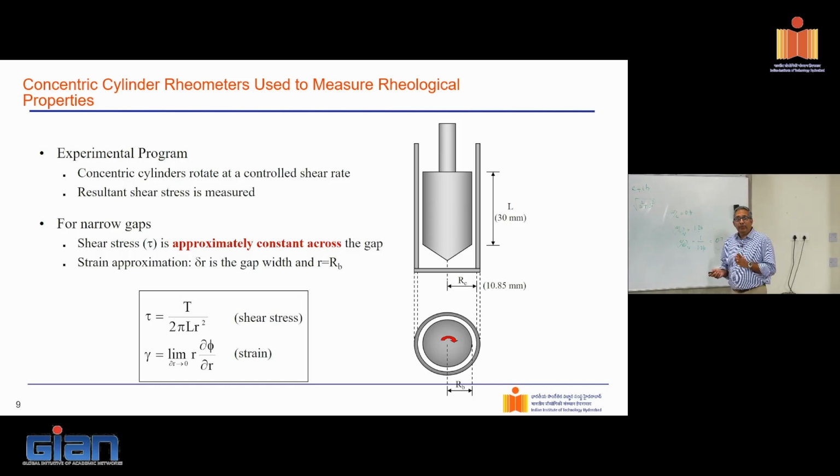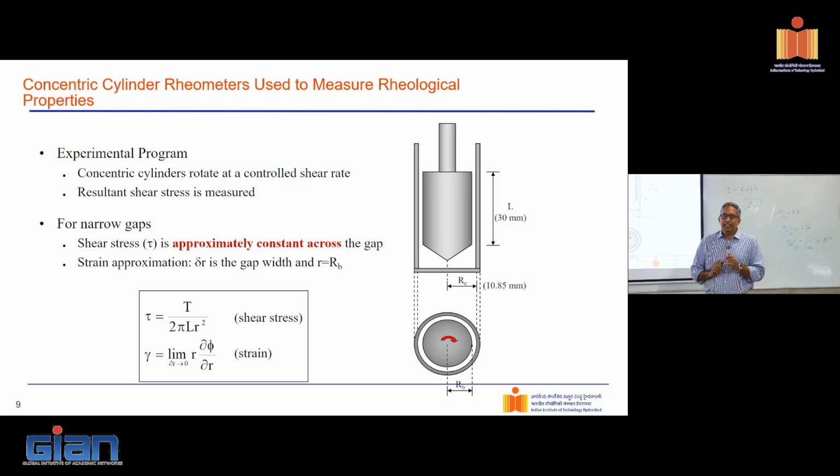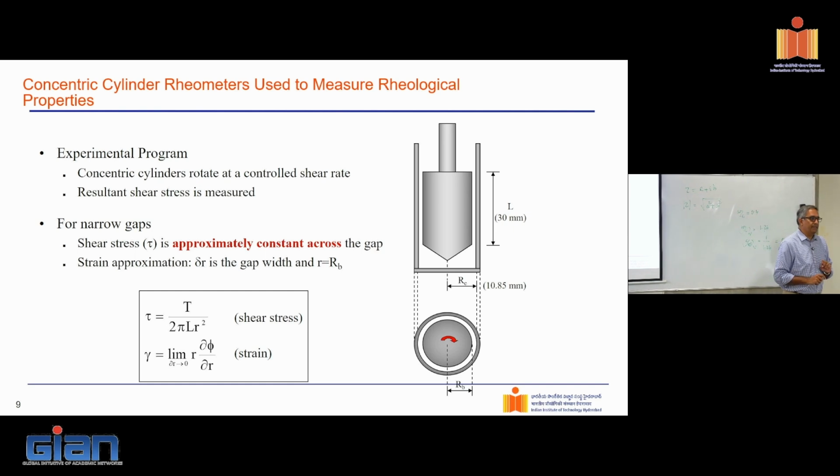And when you're doing your measurements, if you choose to just report the torque and the rotation, no problem. But if you're going to infer the fluid behavior, you better have a proper calibration done in your equipment. A calibration that takes care of the flow field and a calibration that takes care of the inertial effects.